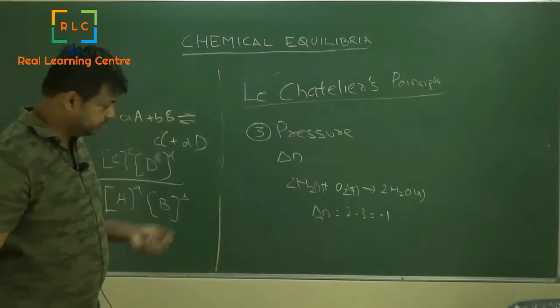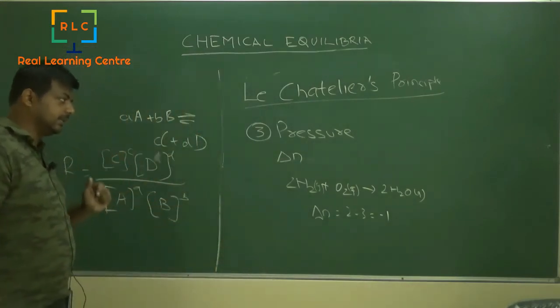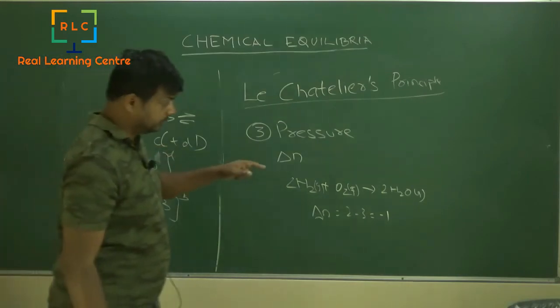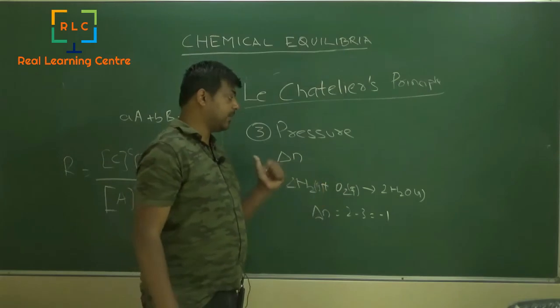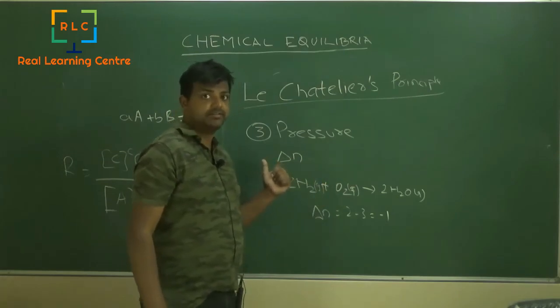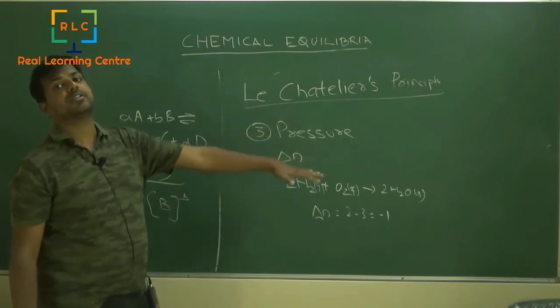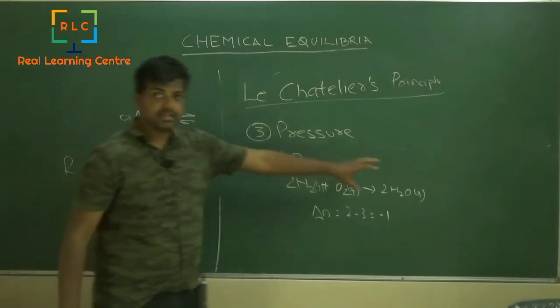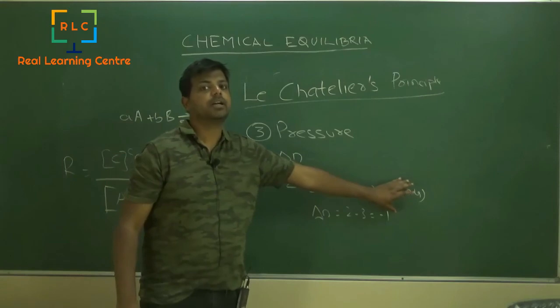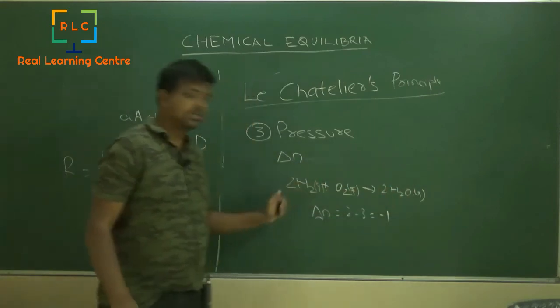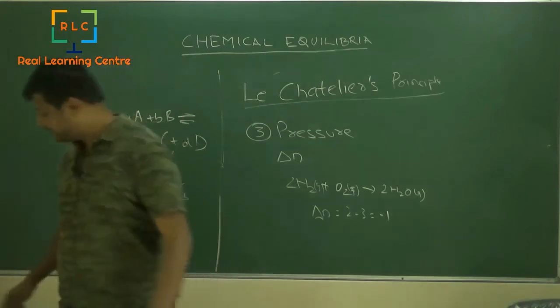So this would mean that forward reaction is preferred in case of higher pressure and backward reaction is preferred in case of lower pressure. So just figure out that wherever the number of molecules is less, that would be preferred at higher pressure. Forward reaction, higher pressure. Backward reaction, lower pressure. Right?